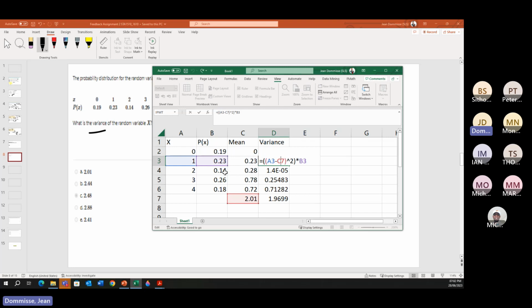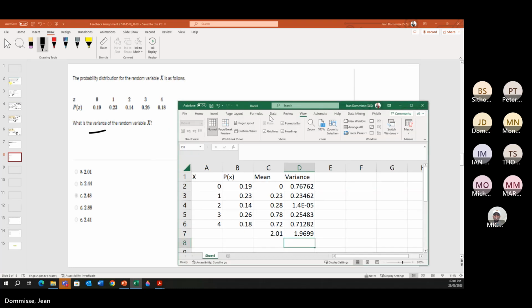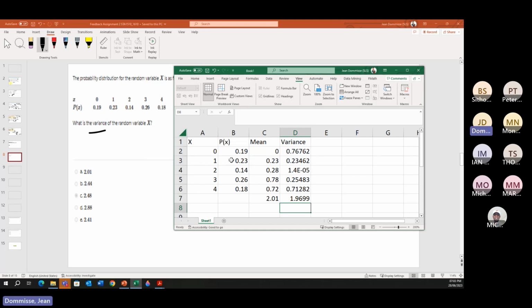X minus the mean, the mean of 2. Okay, this is strange. That is the variance. 0.9, 2.3, 1.4.